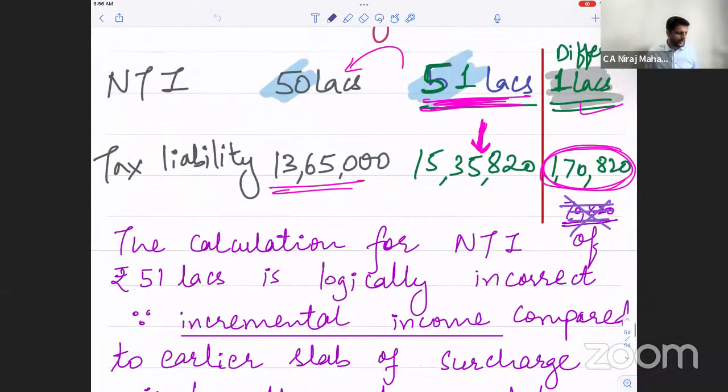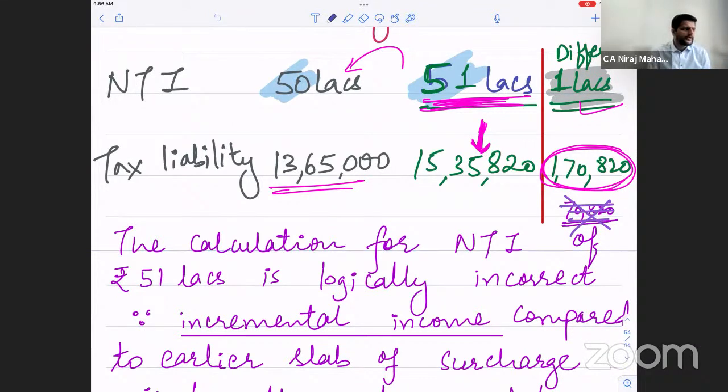If I talk about only 1 lakh rupees, how much tax? If you are in the 30% slab, and if your income is between 50 lakhs to 1 crore, the surcharge rate is 10%, correct? So ideally, normally, on that 1 lakh, how much tax should be levied? I'll tell you the rate.